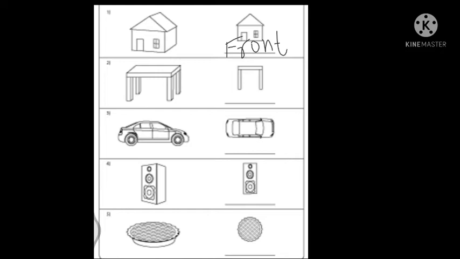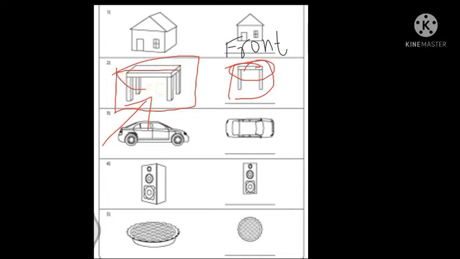Now we will look at the next picture, which is your table. Can you see a table, students? Yes or no? Here the question is given. Now students, table, you can see this small space given, and if we look at this table from the front, we will see this much big portion, but here it is showing only a small portion, right?